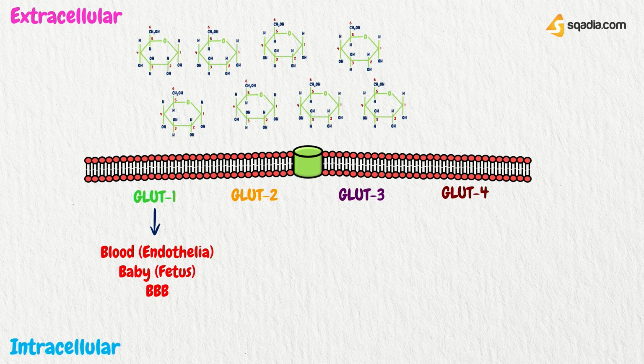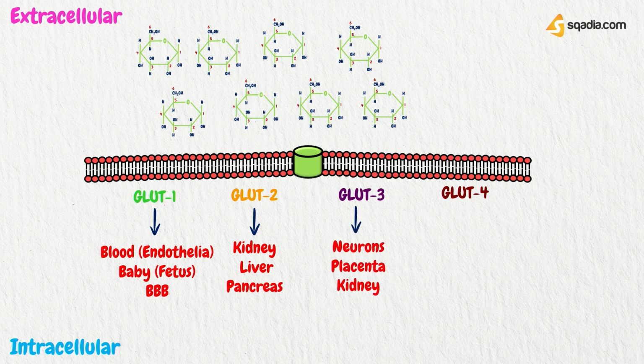GLUT2 receptors are present in kidney, liver, and pancreas. GLUT3 receptors are present in neurons, placenta, and kidney. And GLUT4 receptors are mainly present in muscles and fats, technically adipose tissues.